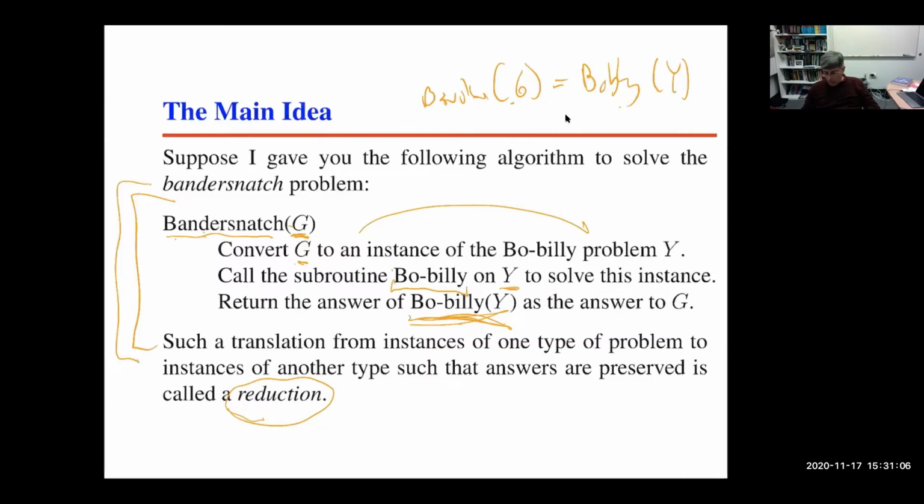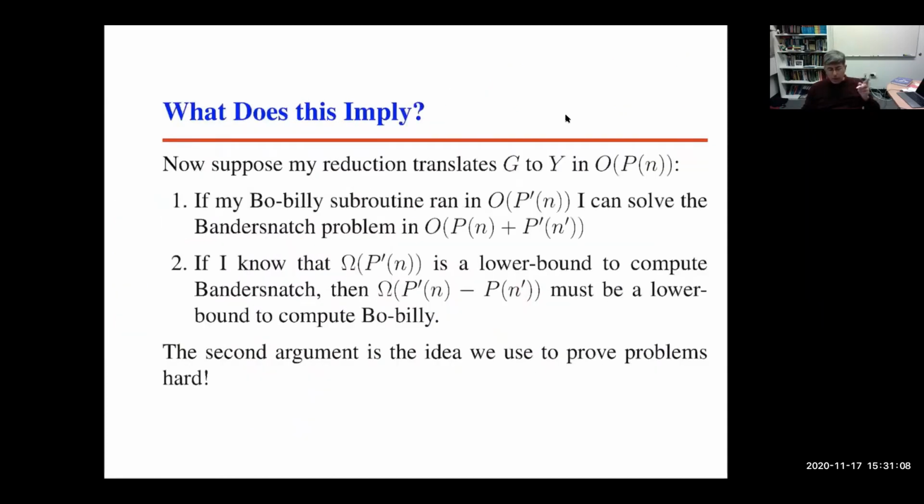The important thing is that when you have an algorithm like that, we're assuming that translation happens in time p(n). That algorithm could mean one of two things. If mobility runs in p'(n) time, then I have a fast Bandersnatch solver. Why?